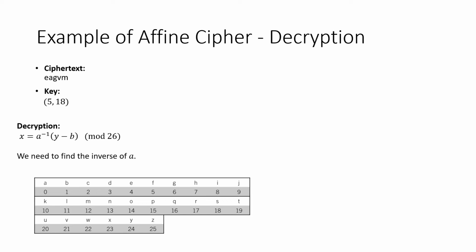Y is our ciphertext. We have that. B is the second component of the ordered pair, which is 18, but we don't have A inverse. What we do have is A, which is the first component of the ordered pair, or number 5. So in the next part, we're going to look at how we can find the inverse of A, in this case, the inverse of 5 in Z26.